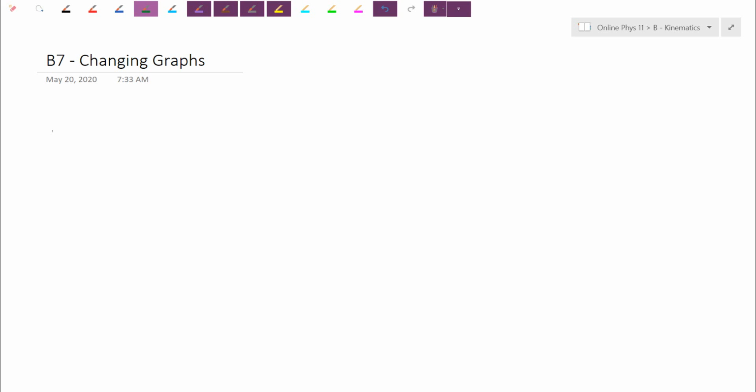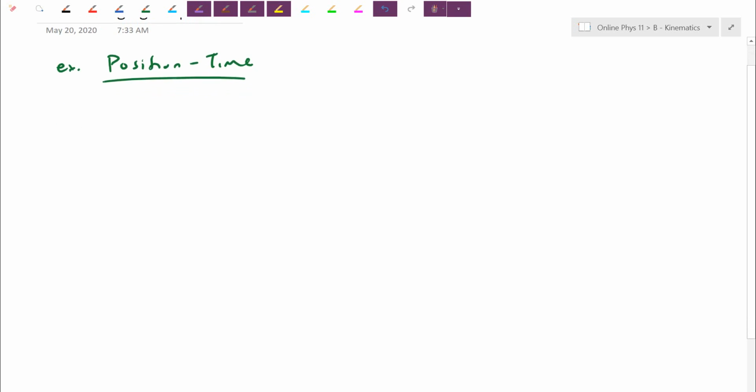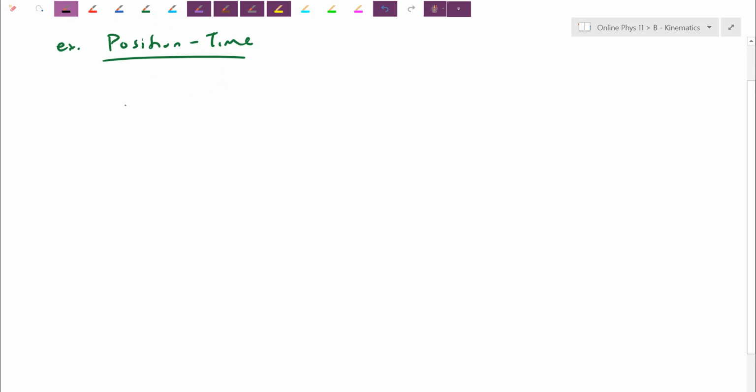Right? So just for a quick practice, first example, I'm going to give you a position time graph, or a displacement time graph. His displacement is basically his distance, how far away he is from the starting line at any given time. Let me give you a few marks here.